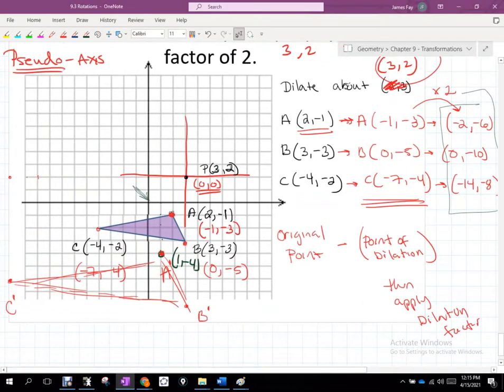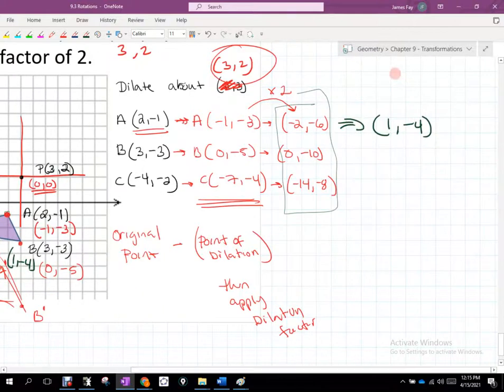Okay, this point B prime off of the original origin would have been 1 to the right, 2, 3, and then down 1, 2, 3, 4, 5, 6, 7, 8. So 3, -8.